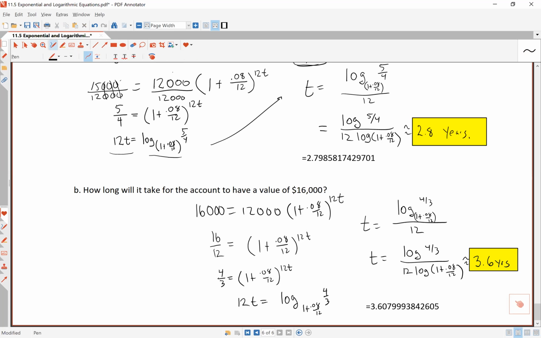In these problems, what's always interesting is to figure out how long it takes to double. We started with 12,000 to get to 24,000. When you double, this is always 2 on this side.